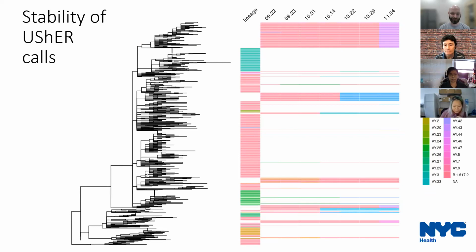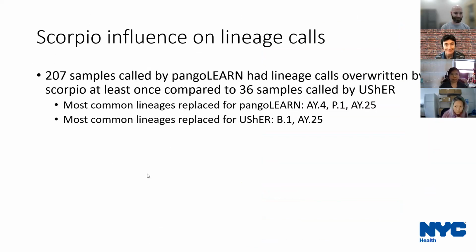And as Angie was talking about, there's also the issue of Scorpio. It's not an issue. Scorpio can override these calls. So I also looked into that. What is the influence of Scorpio on these calls? Overall, there are 207 samples that get overridden by Scorpio in pangoLEARN out of all 7,000, and only about 36 samples that get overridden if it was called by UShER.